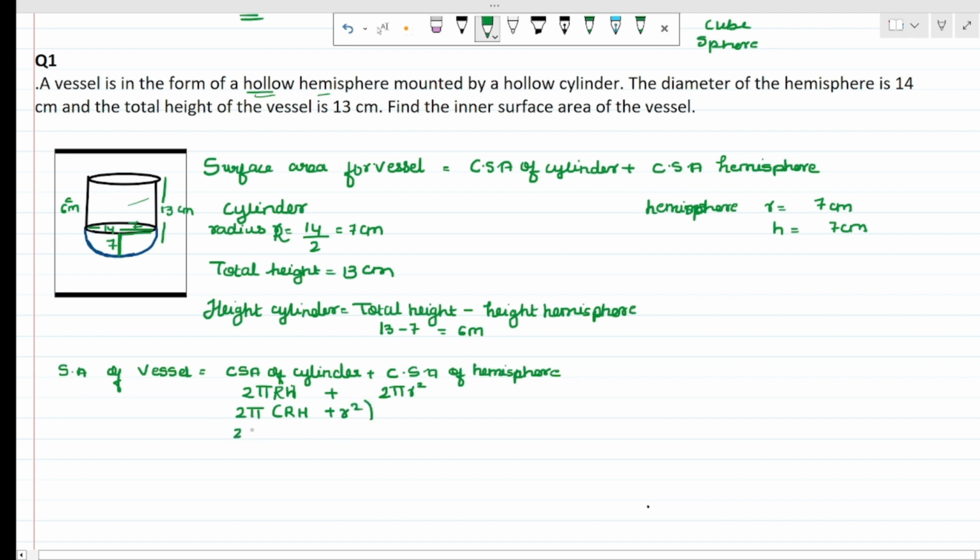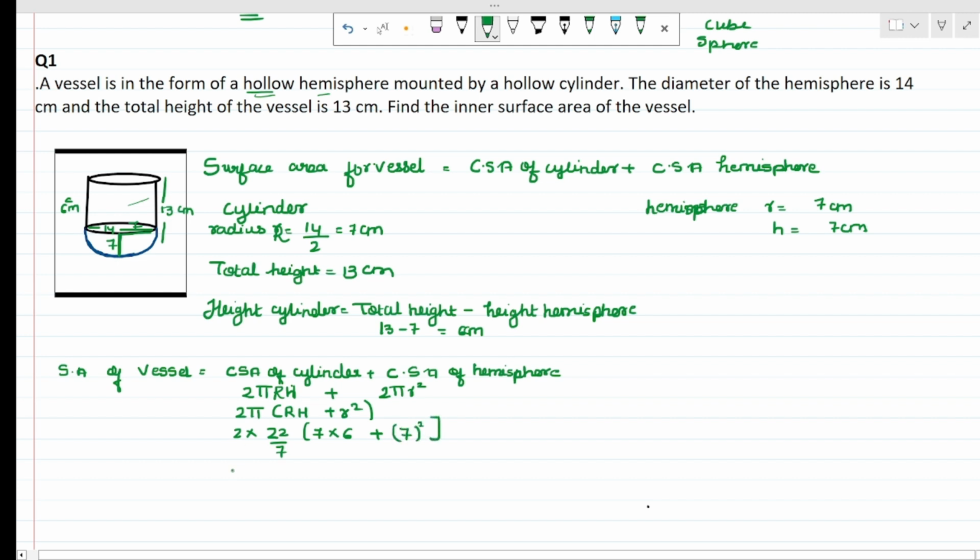So, 2 multiplied by pi, and your pi is 22 by 7. So write 22 upon 7. The radius of the cylinder is 7 centimeter, multiplied by the height, which is 6 centimeter, plus the radius of hemisphere, again 7, so 7 square.